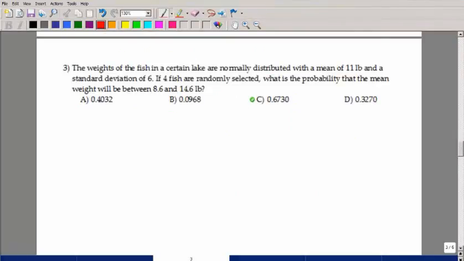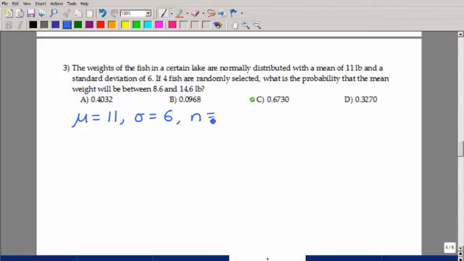All right, let's try another one. So we're going to cover greater than, less than, and between two numbers. The weights of fish in a certain lake are normally distributed with a mean of 11. That's just for x. Standard deviation for x, which is 6.